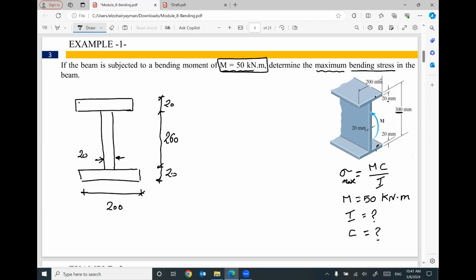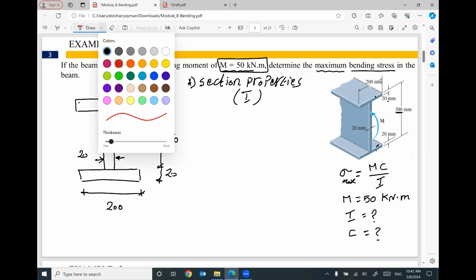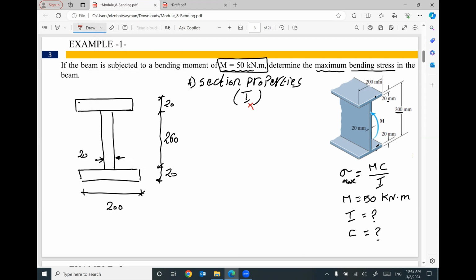So I will start with the part of section properties. This cross section will have a value of I, moment of inertia. I'm looking for Ix because this moment is about the x-axis, rotating about the x-axis. The centroid of this cross-section will be located at the mid height, and at this position I can put the x-axis.